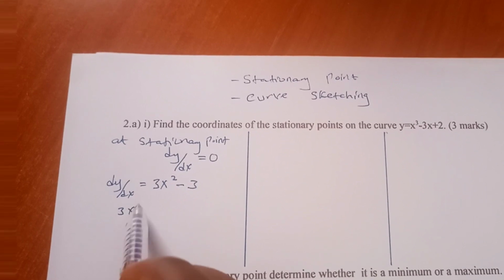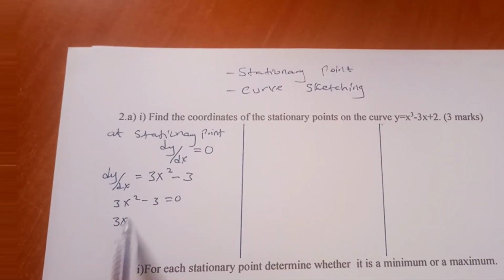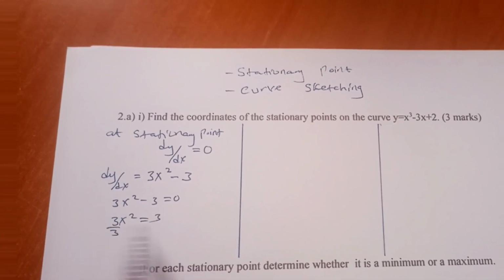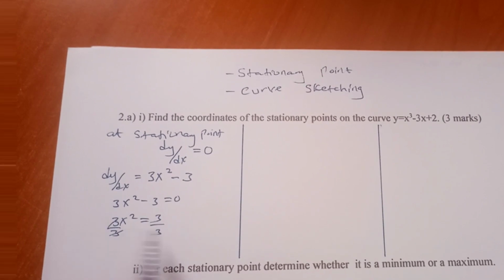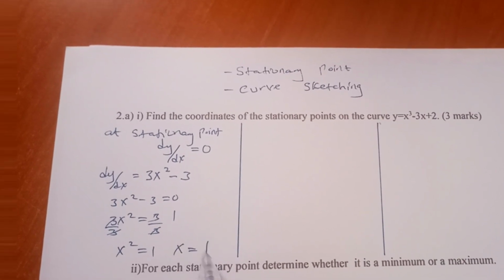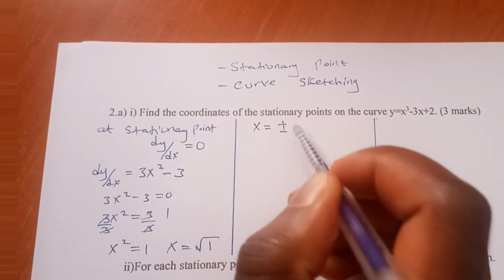So 3x squared minus 3 is equal to 0, and taking 3 to the other side, we have that x squared is equal to 1, and therefore x will be the square root of 1, so x is equal to plus or minus 1.